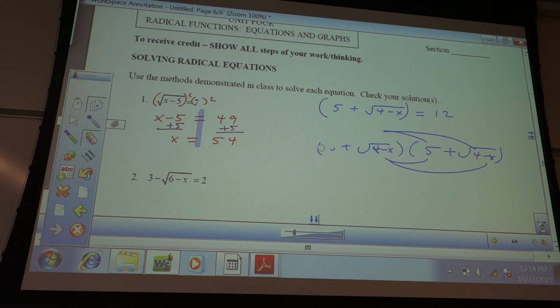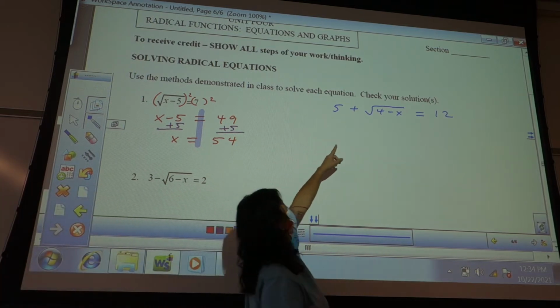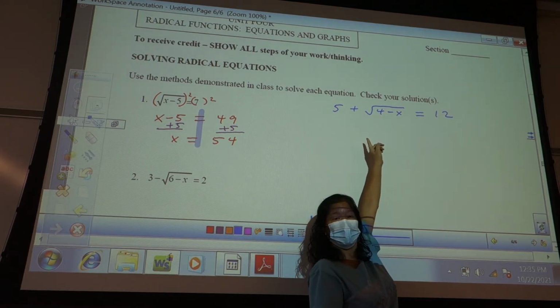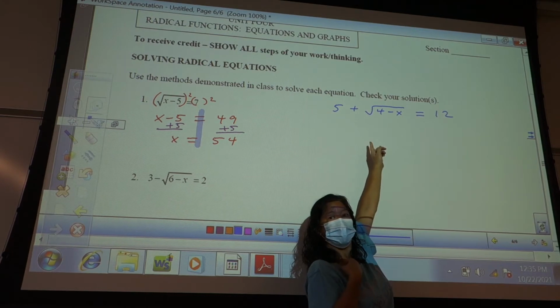So instead, the simpler thing to do is to just get the square root by itself first. How do we get the square root by itself first? Get rid of the 5. So what's up with the 5? Is it being multiplied by 5, divided by 5, added to 5, or subtracted? Added. It's being added. So how do I get rid of that?